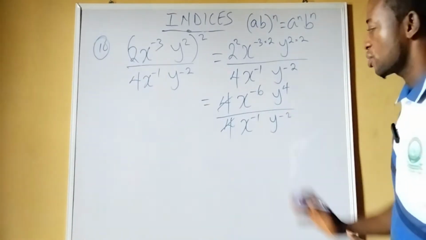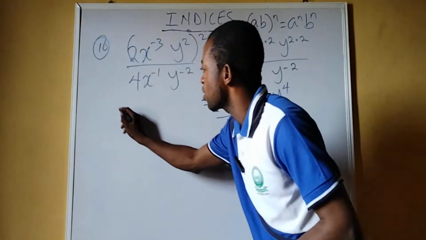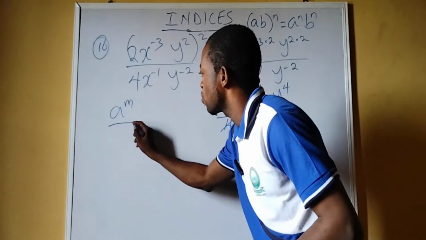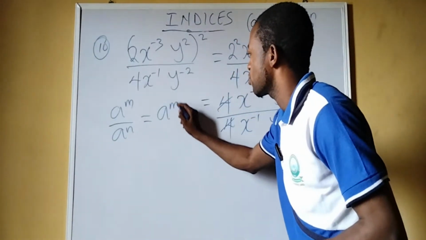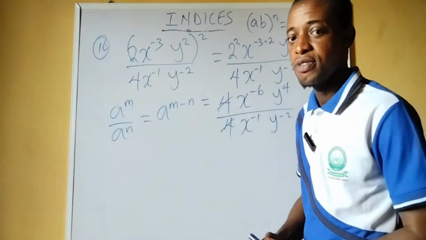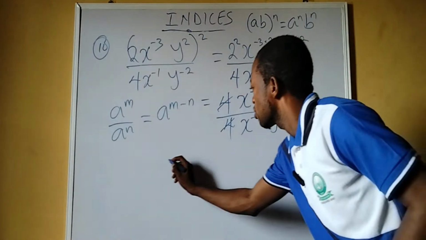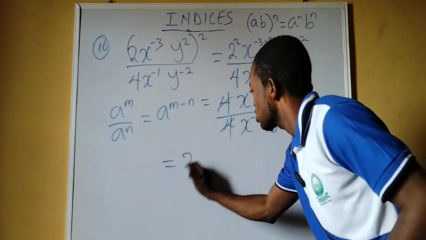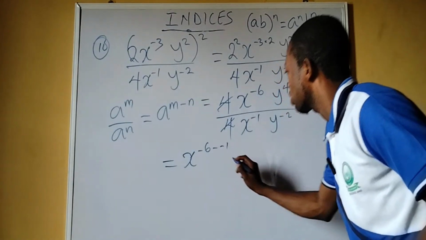Now, this is division. Here we have the same base. We don't have to waste our time. When we have a raised to the power n over a raised to the power m, this is a raised to the power n minus m. Why? This is division. When the same base divides, we subtract the power. So here, we have x raised to the power minus 6 minus minus 1.